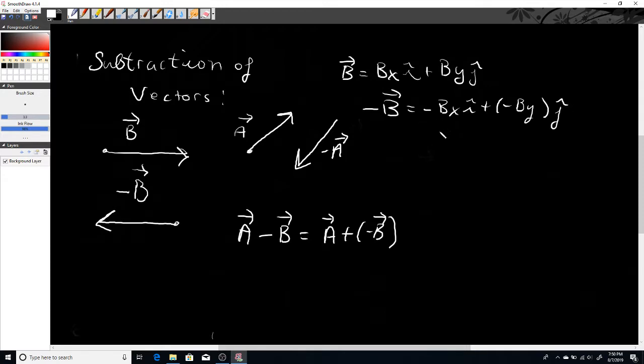That's all it means. If this vector b had a magnitude of 2 in the x direction and 3 in the y direction, then negative b would be negative 2 and negative 3. It would just be flipped around.